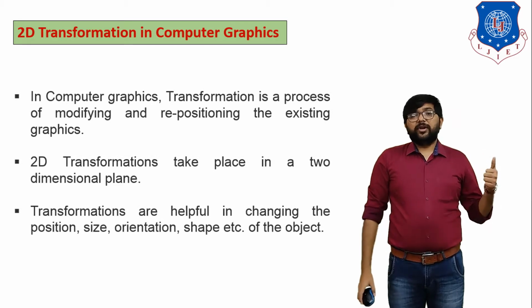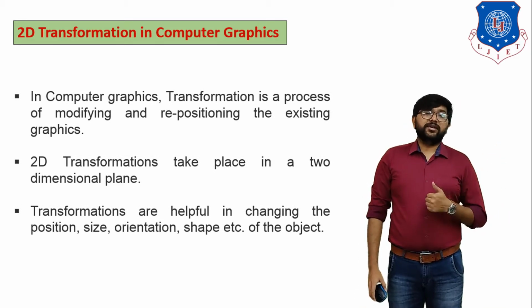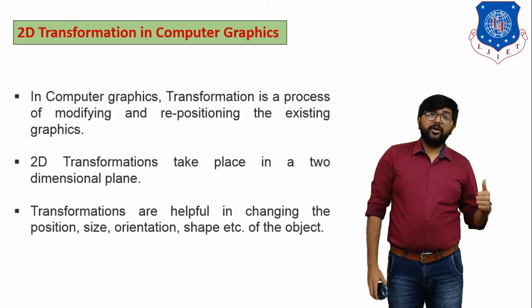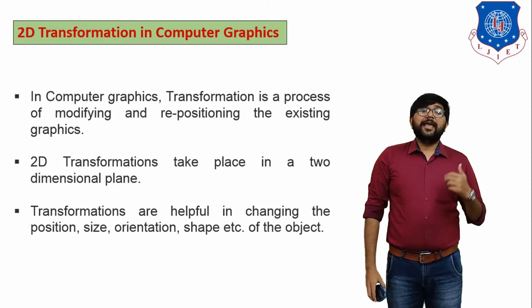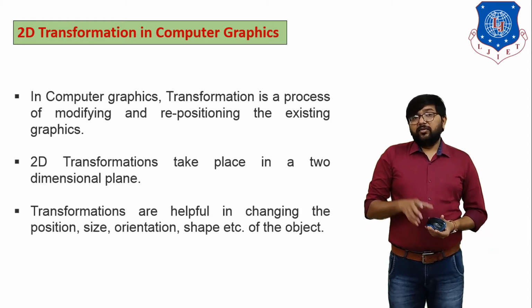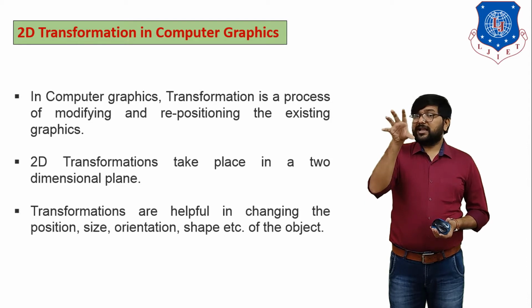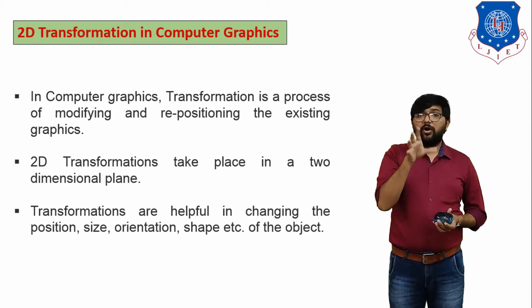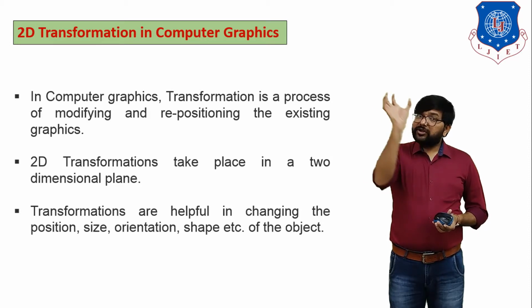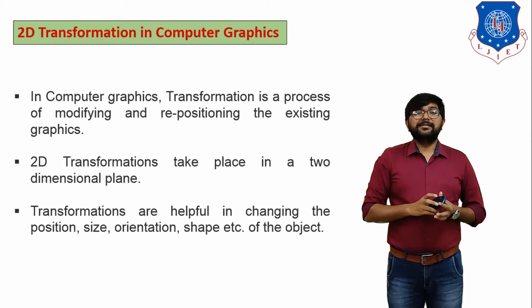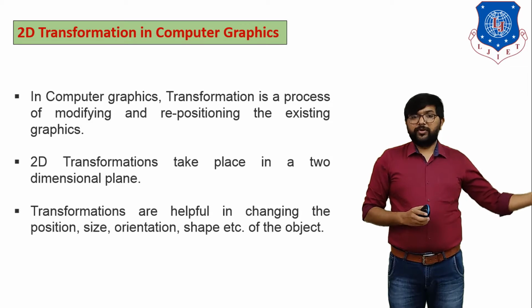In computer graphics, transformation is the process of modifying or repositioning the existing graphics. If you want to enlarge or reduce the size of an object, or change its position, then this is geometric transformation.